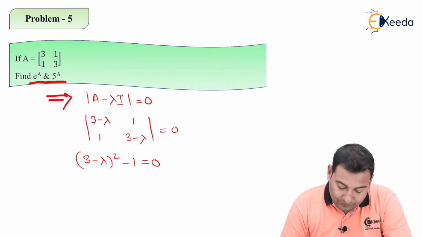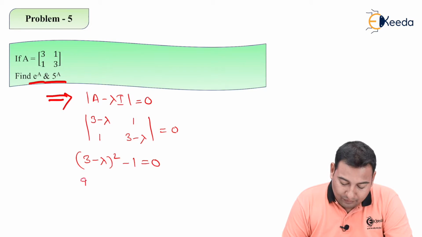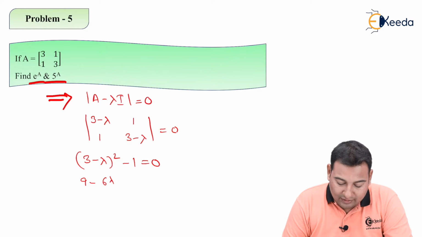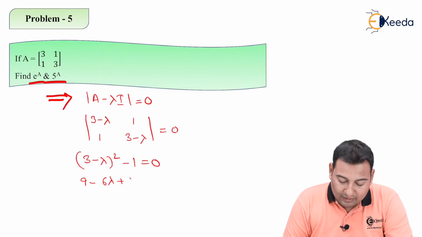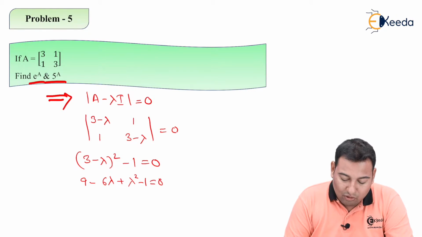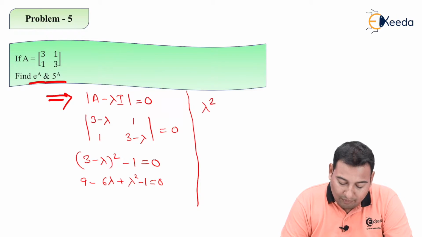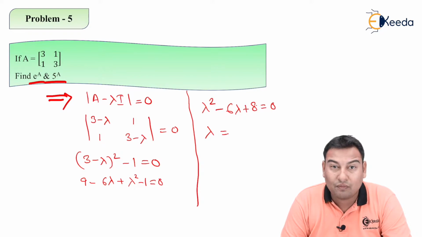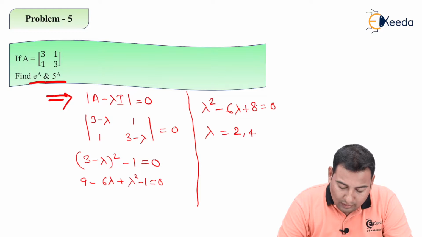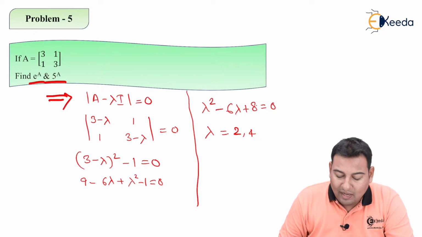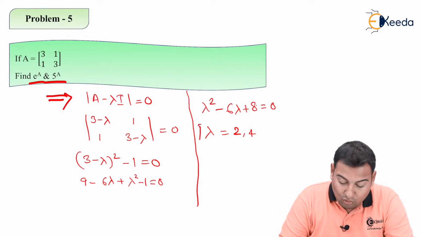Let's open the brackets: 9 minus 6 lambda plus lambda squared minus 1 equal to 0, which is further lambda squared minus 6 lambda plus 8 equal to 0. If you solve this, you will get the two values of lambda as 2 and 4. Let's move on.